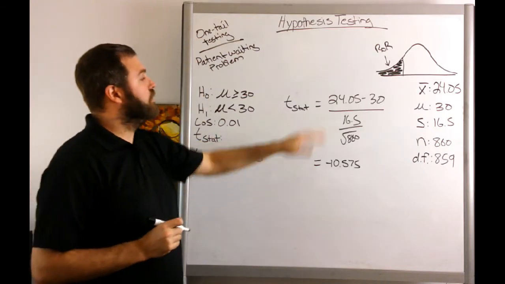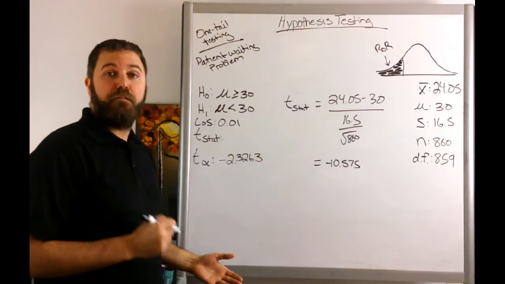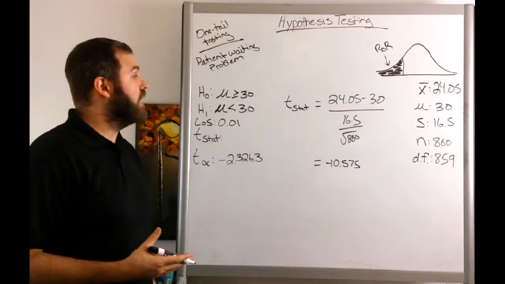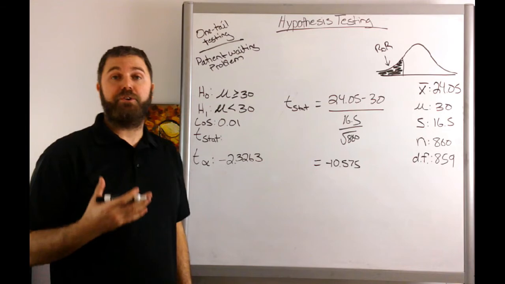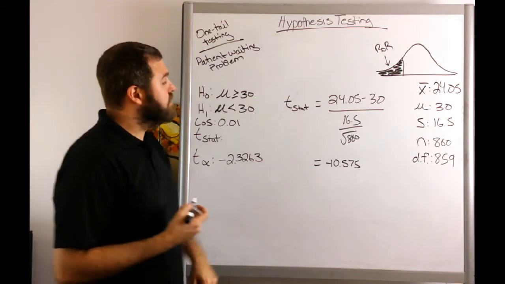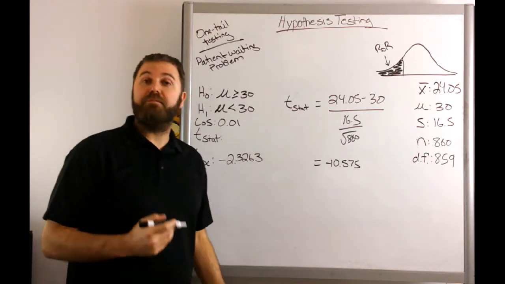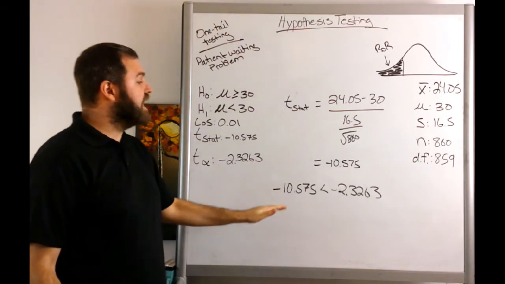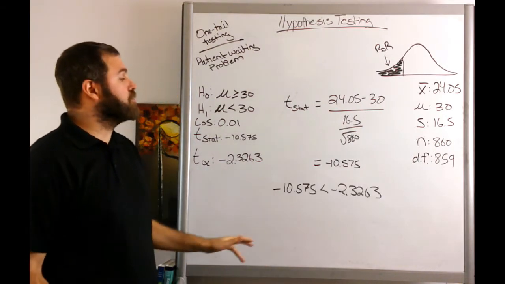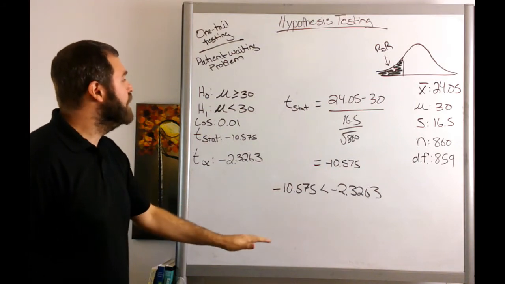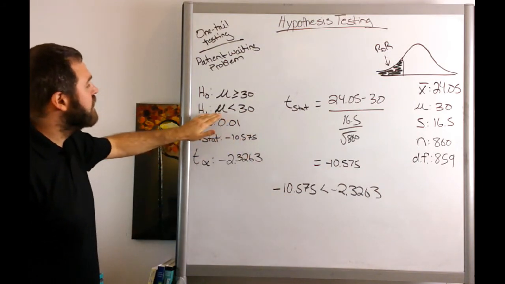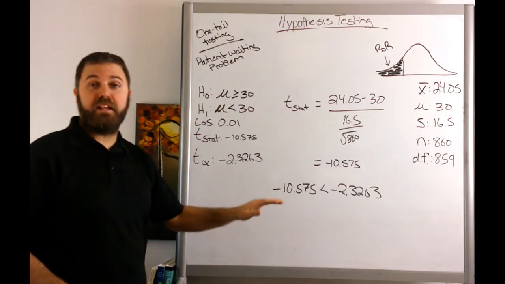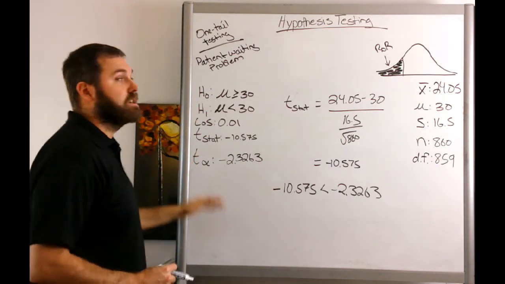So our t-stat equals 24.05 minus 30 divided by 16.5 over the square root of 860, which gives us negative 10.575. Negative 10.575 is less than negative 2.3263. Because it is less than, we reject H0 at a level of significance of 0.01.